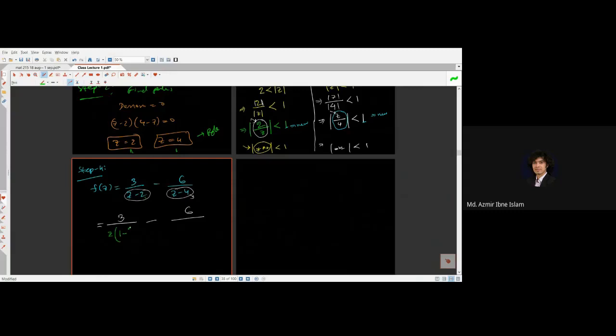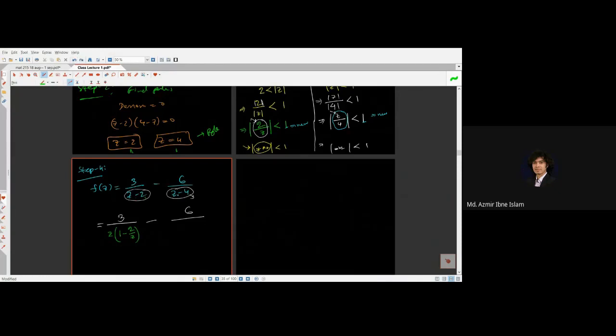So 1 negative 2 by z. See, we have 2 by z here. Anyhow, we have to make this arrangement so that we can have the new region here. Is that okay? Yes, sir. So we are writing in factor form, or we can say z is taken as common.